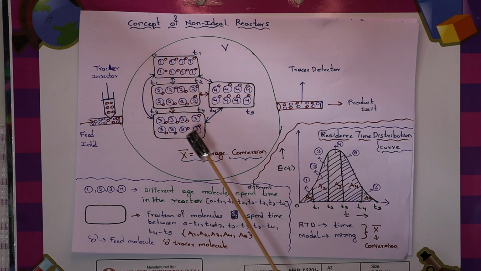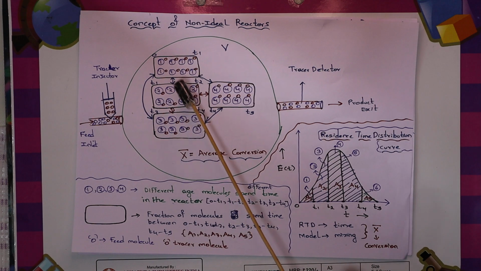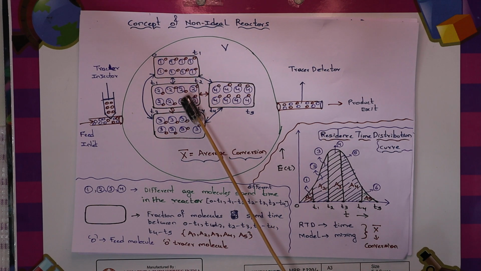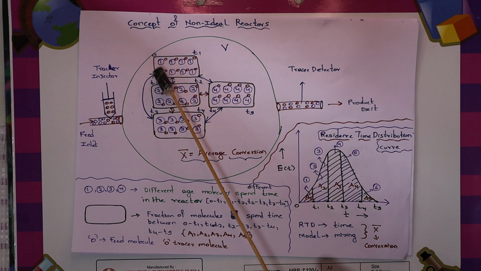If somehow we can identify what fraction of molecules is spending what time, we can get the conversion of each age, and the average over all the different ages gives the average conversion in this non-ideal reactor. So the entire objective of non-ideal reactors is to find out the time different fractions of molecules spend.